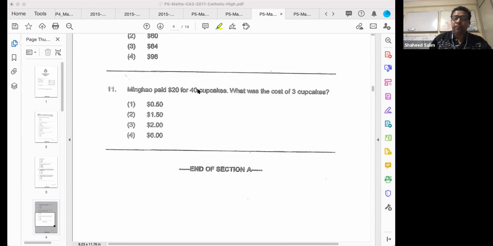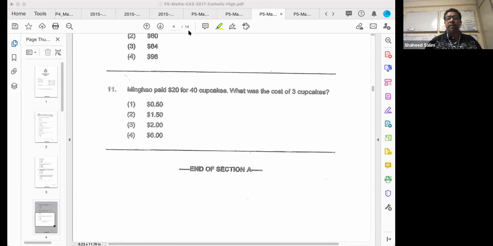Okay, Farish, let's say if one cupcake is $2, 40 cupcakes is how much? You times by 40, right? You get $80, you know. But this one, 40 cupcakes is only $20. You know what I'm saying? It's not for Putra also.